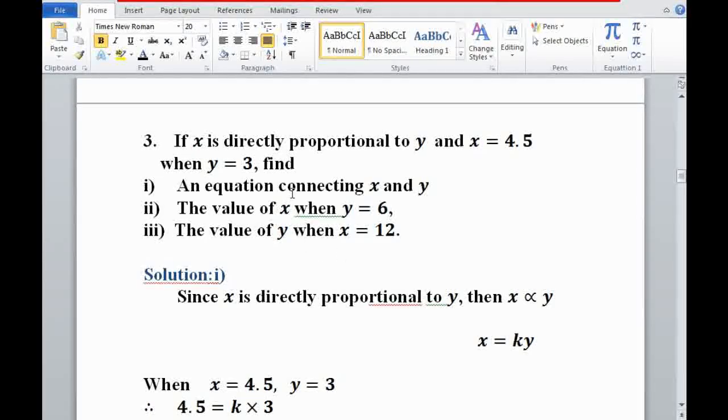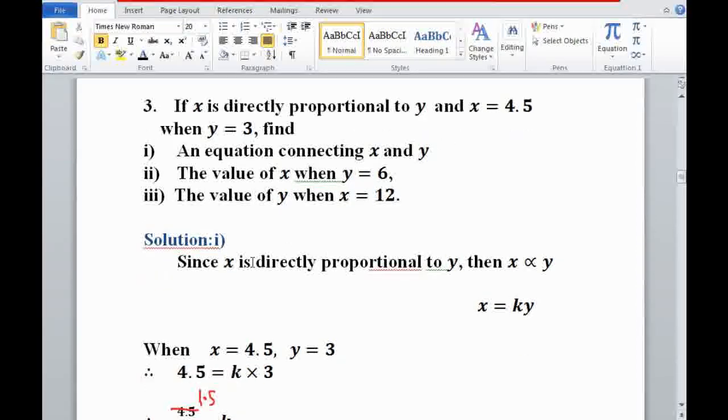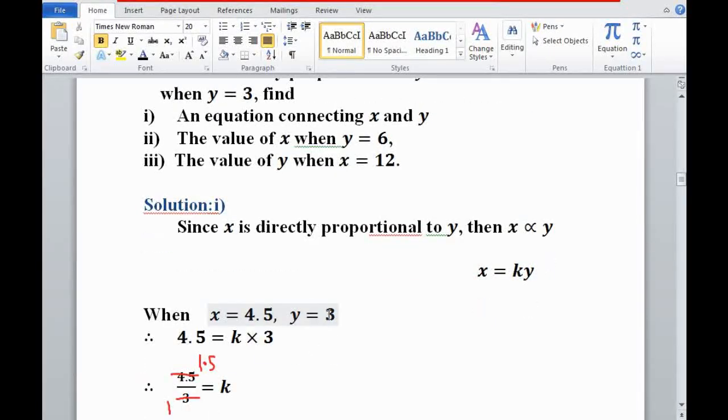Okay, according to the statement of the question, x is directly proportional to y. So if x is directly proportional to y, then we write this statement in the form x ∝ y. And now x equals ky, because k is the constant of proportionality. Okay, we are given the values of x and y: x is equal to 4.5 and y equals 3.